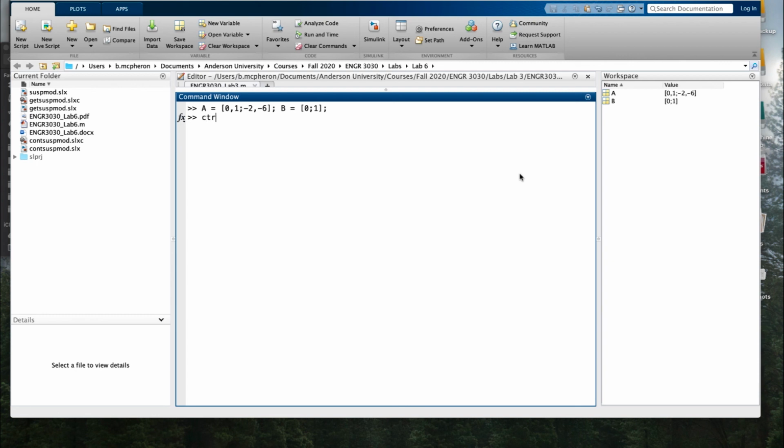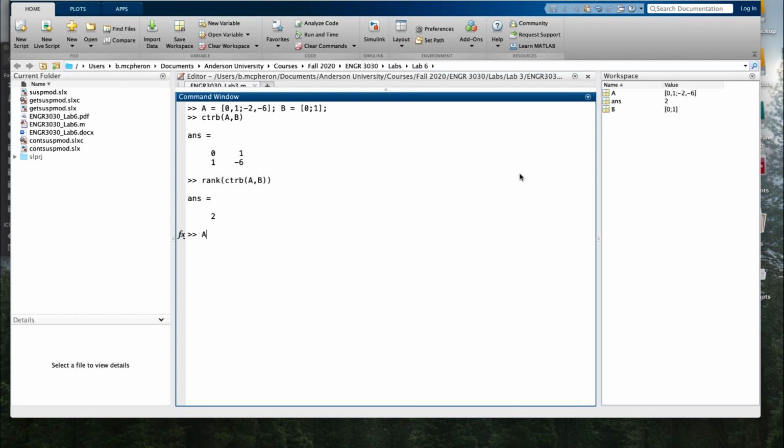So CTRB of A and B should be 0, 1, 1, -6. And if I want to check the controllability, I will just use the rank of CTRB of A, B. Check the rank is 2. That means that the system is controllable because the rank is equal to n.